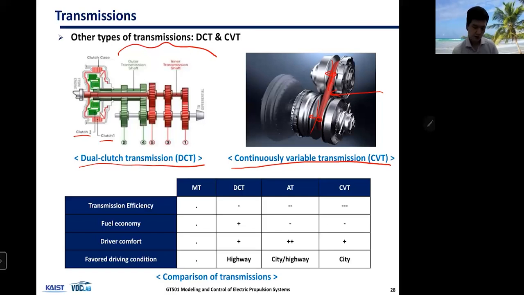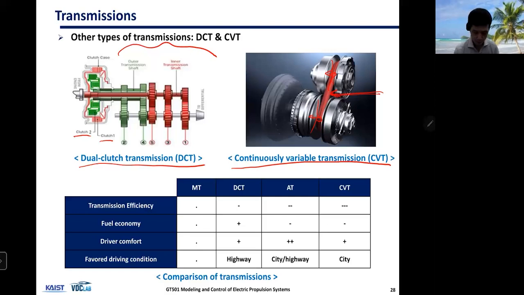By using this, you can change gear ratios to any continuous value, but usually CVT has losses and has issues with shifting fast, and this belt mechanism wears over time.